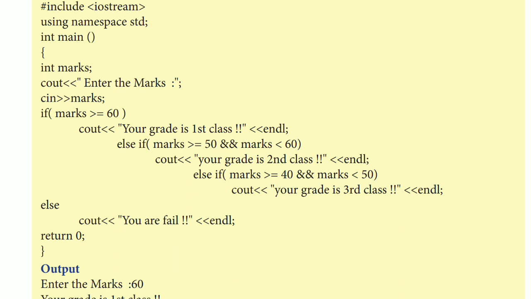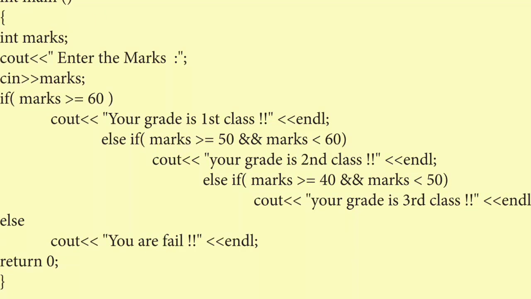That's why they are using the else if statement here. So here you can see mark is greater than or equal to 50 and mark is less than 60. So if your mark is between 50 and 60, then your grade is second class.